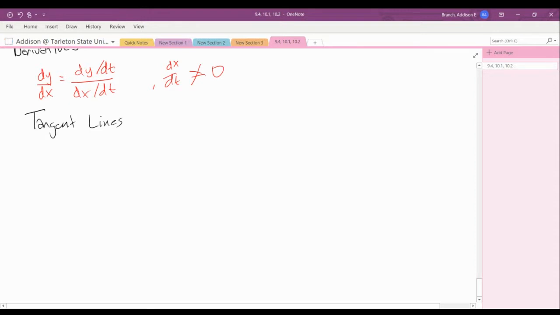Like we learned way back at the beginning of 2413, when we're dealing with the tangent line, our slope is going to just be our dy/dx, and that carries over here. Also, if dx/dt is equal to 0, that means you have a vertical tangent line.